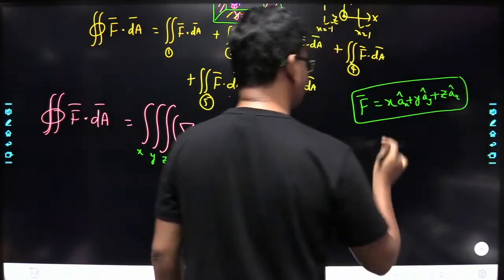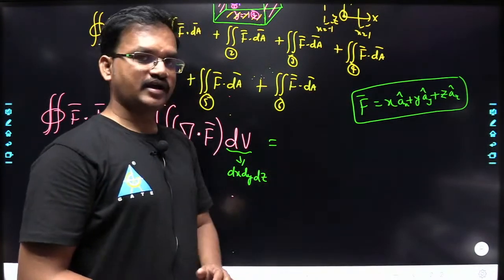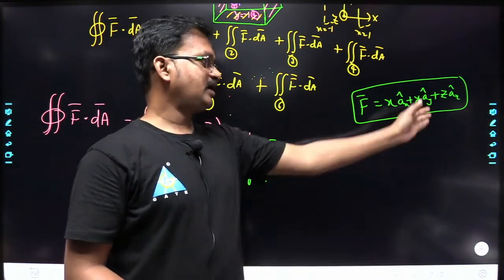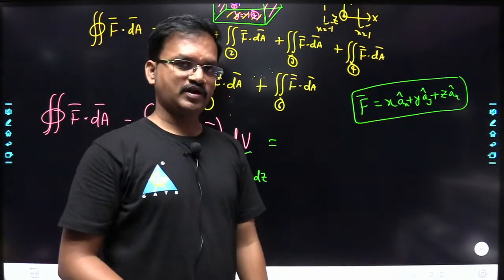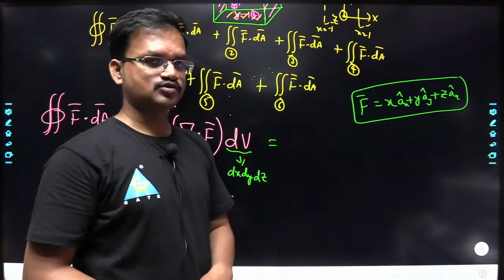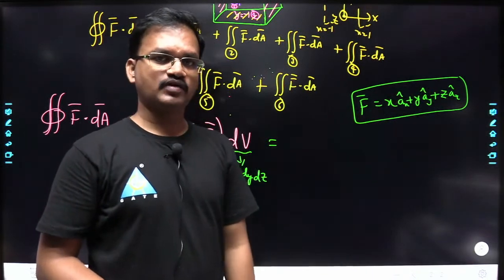So if you calculate the divergence of this function, how do you calculate it? Take the x component and differentiate with respect to x, take the y component and differentiate with respect to y, and take the z component and differentiate with respect to z. Add all this up: 1 plus 1 plus 1 will be 3.